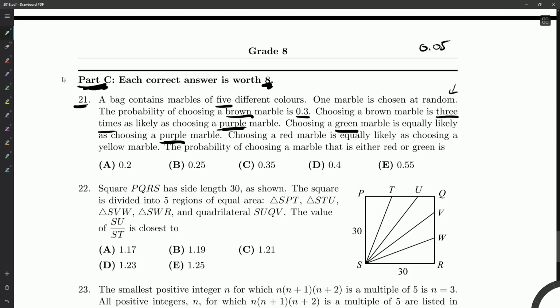Choosing a red marble is equally as likely as choosing a yellow marble. The probability of choosing a marble that is either red or green is... So when we're talking about probabilities and you can have either this or this happens, you have to look at both the probabilities, so the probability that a red can happen and the probability that a green can happen.